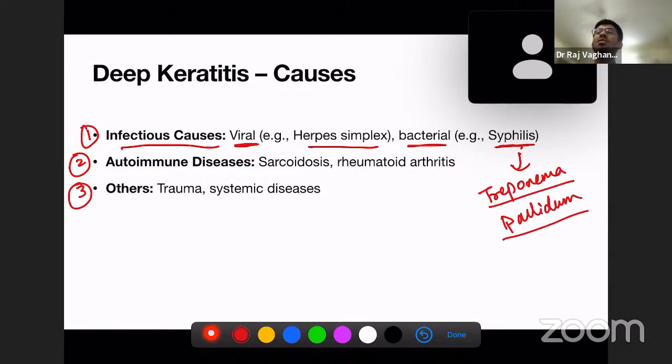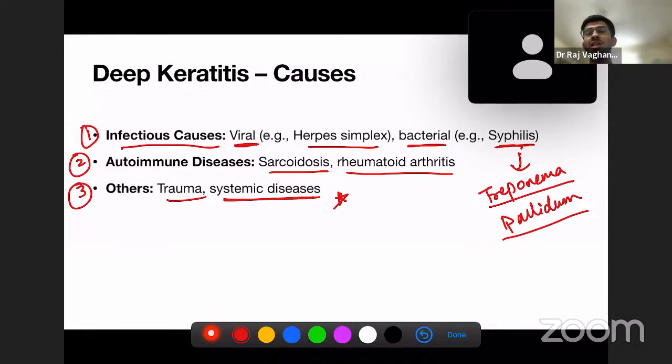So these two, bacteria and virus, can cause deep keratitis. Autoimmune diseases include sarcoidosis and rheumatoid arthritis. Trauma and systemic disease can also lead to deep keratitis. So just remember the causes of deep keratitis. It is not very important, but still the causes can be asked.